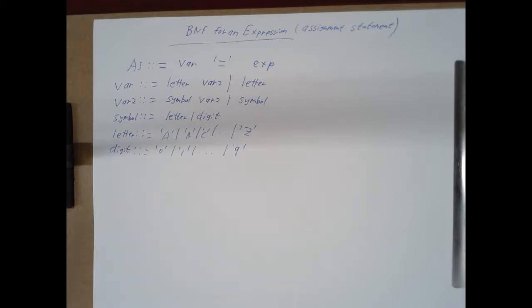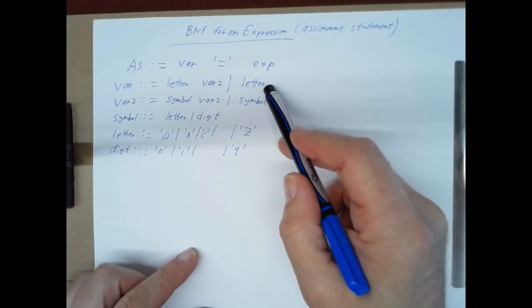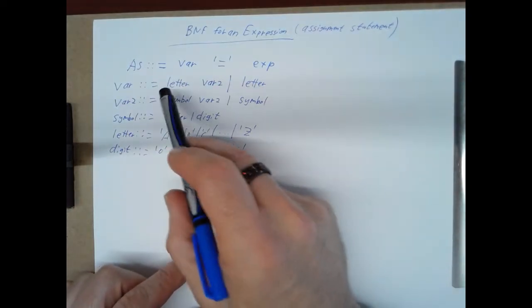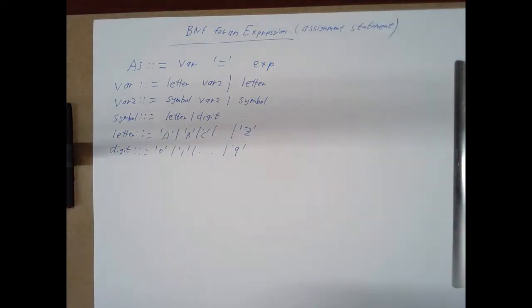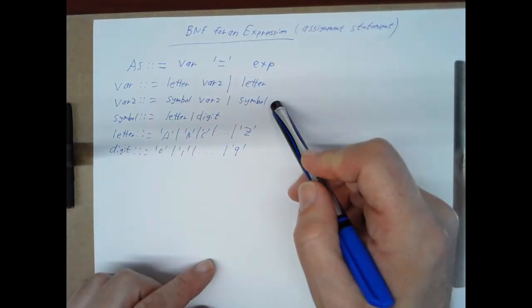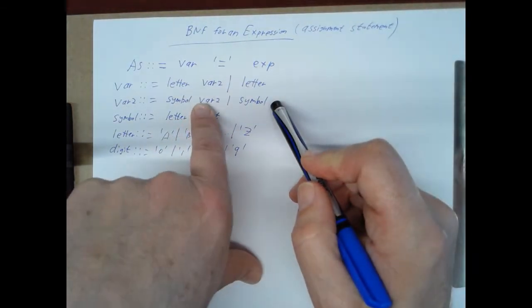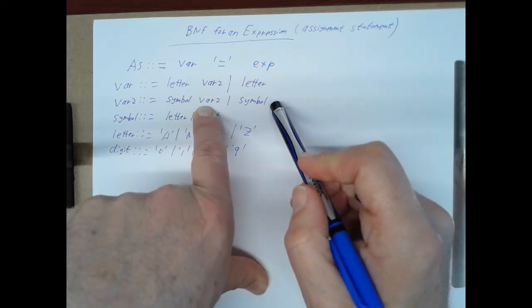So what kinds of things can be a var in this BNF? Well, clearly a var can be a single letter, so an A through a Z. That's a valid variable. Or it could be a letter followed by a var2. Well, what's a var2? A var2 is a collection of letters or digits. Okay, it could be just a single symbol, which is a letter or a digit, or it could be a letter or a digit followed by another var2, which is one or more letters or digits.